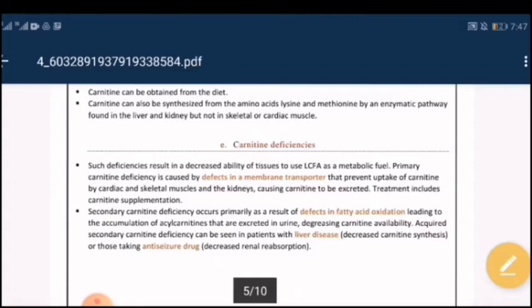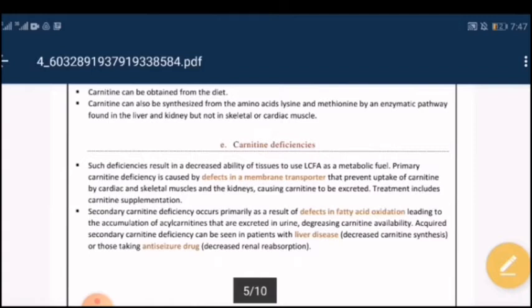Secondary deficiency: defects in fatty acid oxidation itself, which we will go through later in this episode, lead to accumulation of acylcarnitine, because defects inside the mitochondrial matrix during fatty acid oxidation make it difficult for the acylcarnitine to enter the matrix, so it accumulates outside in the cytosol.